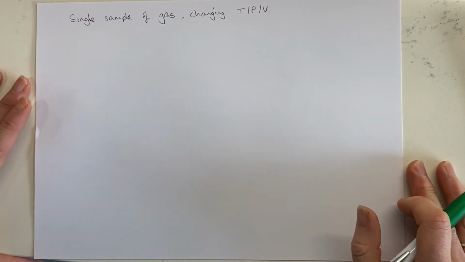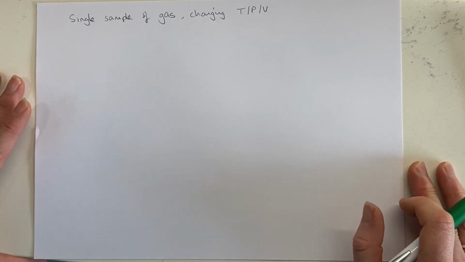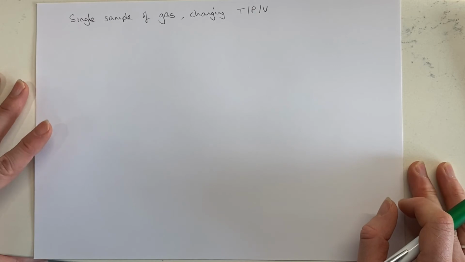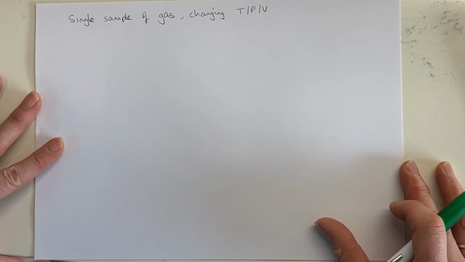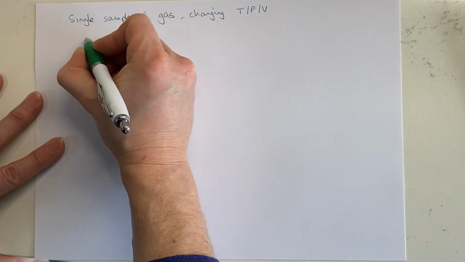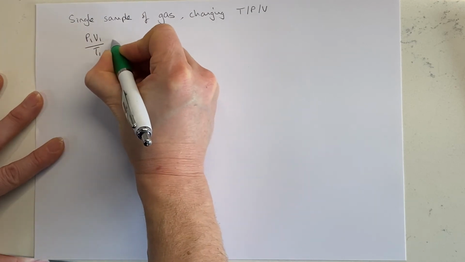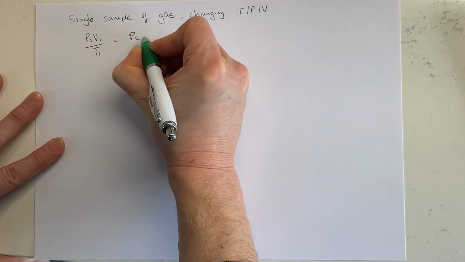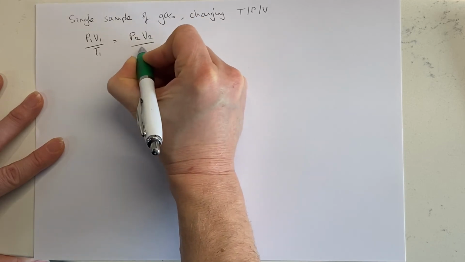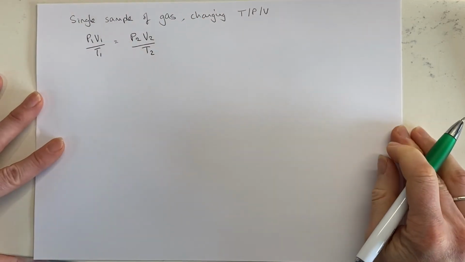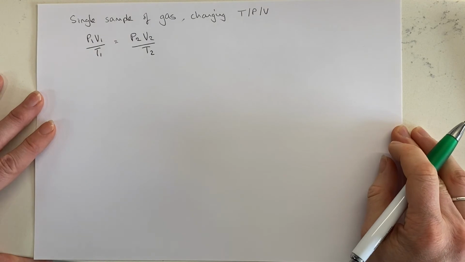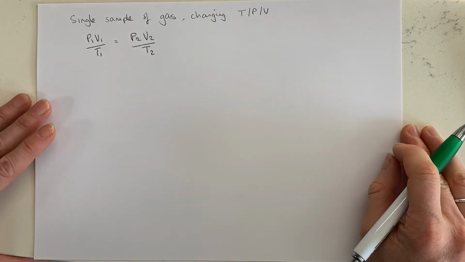Essentially you can work out how you derive this equation, so you kind of add two ideal gas equations together. I'm not going to show you that, you don't have to know, but you end up with the equation P1 V1 over T1 is equal to P2 V2 over T2.